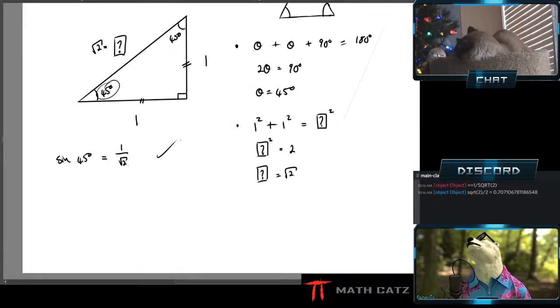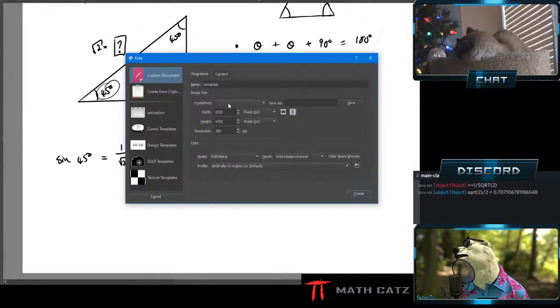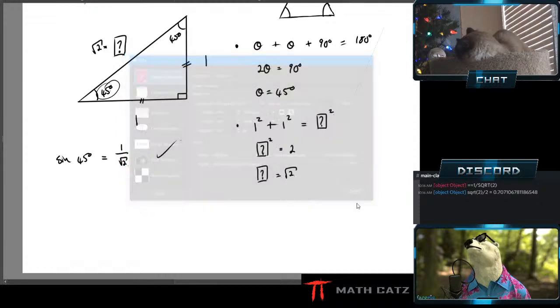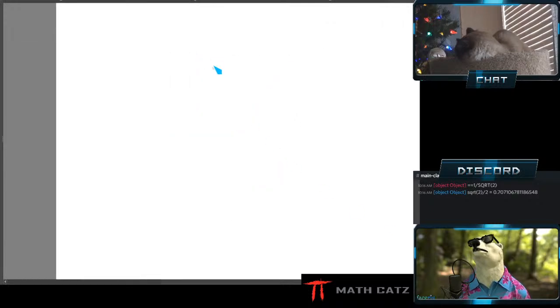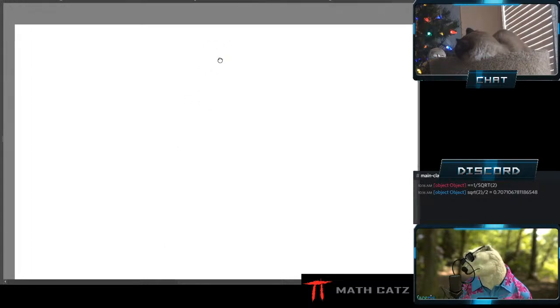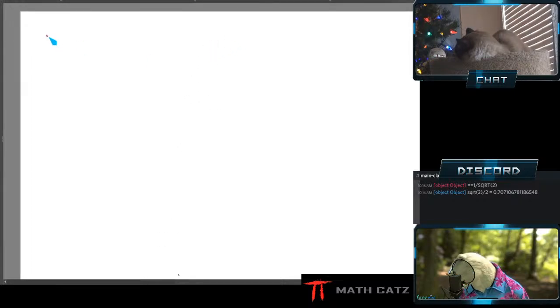All right, so we have our two triangles here. And then we can use those two triangles to calculate, just for practice, the exact versions of the other two trigonometric functions, which we haven't done.